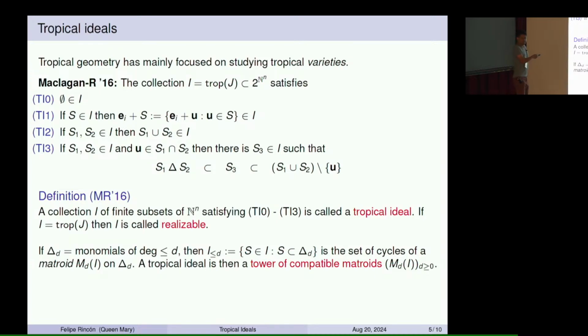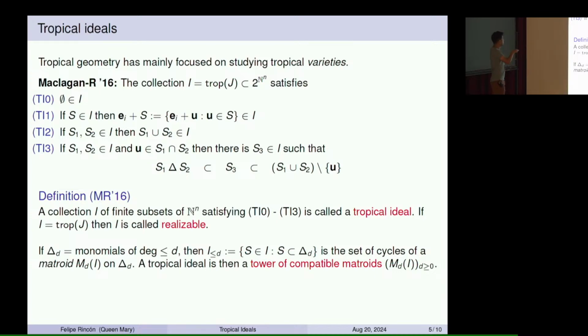And so how is this related to matroids exactly? Well, it turns out that if you truncate your subsets to consider only monomials of degree at most d, so fix some degree and truncate your subsets to just be contained in that set of monomials of degree at most d, then these axioms are characterizing exactly the set of cycles of a matroid. Cycles, I mean unions of circuits, right?